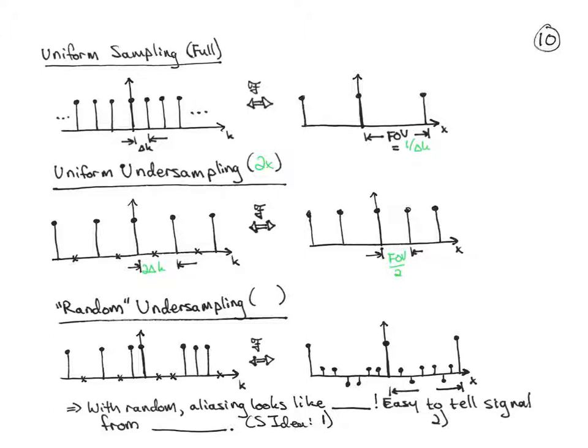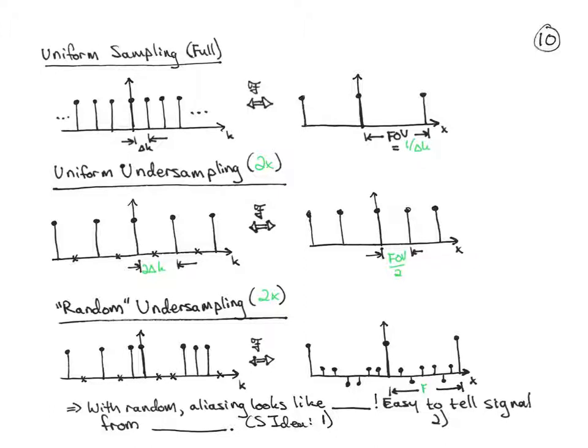But another thing that we can do is random undersampling. Why should we necessarily have to space the samples uniformly? If we do random undersampling at a factor of 2, where we have overall the same total number of samples, but now we are randomly choosing whether or not to collect a certain data point, well, then we're going to get a pattern that looks more like the full sampling case in terms of which spikes are largest, but we're also going to get these random-looking smaller spikes, smaller copies of the image.